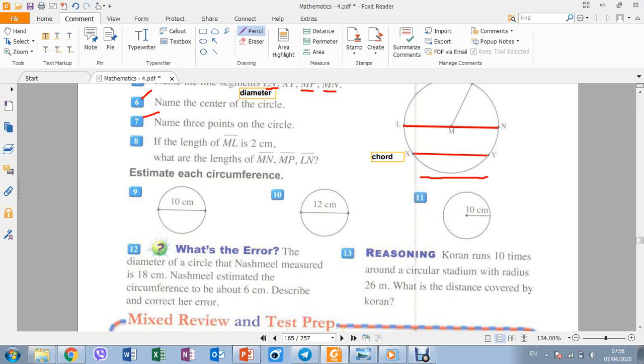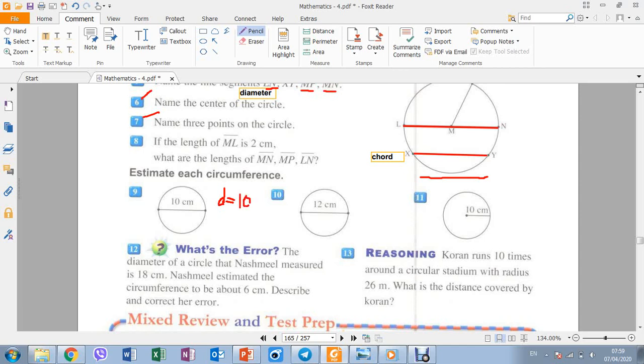I told them every time the circumference is nearly, estimated, 3 times the diameter. So the diameter is 10. We have D equal to what? 10.